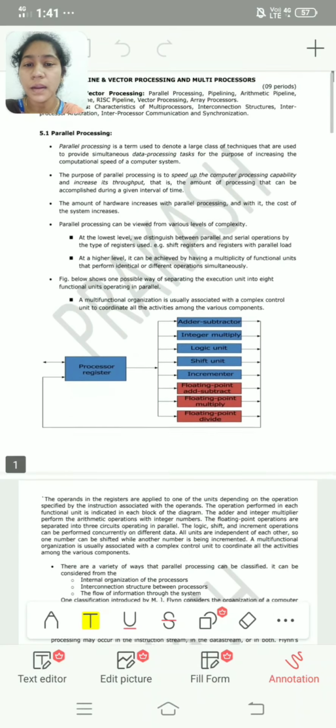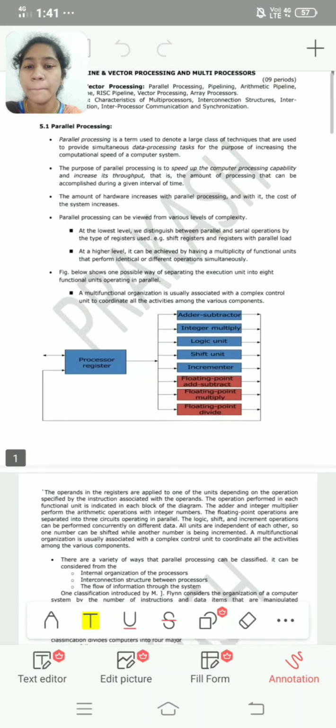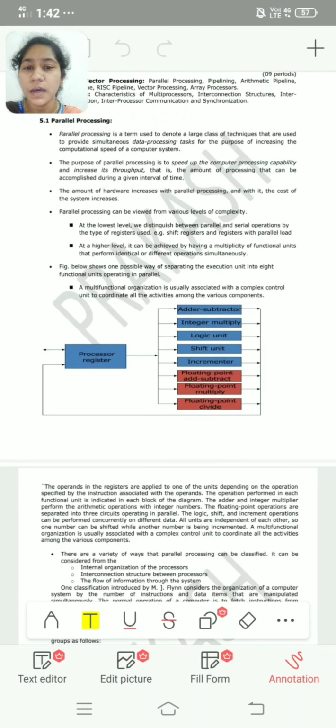Parallel processing. Parallel processing is a term used to denote a large class of techniques that are used to provide simultaneous data processing tasks for the purpose of increasing the computational speed of a computer system.